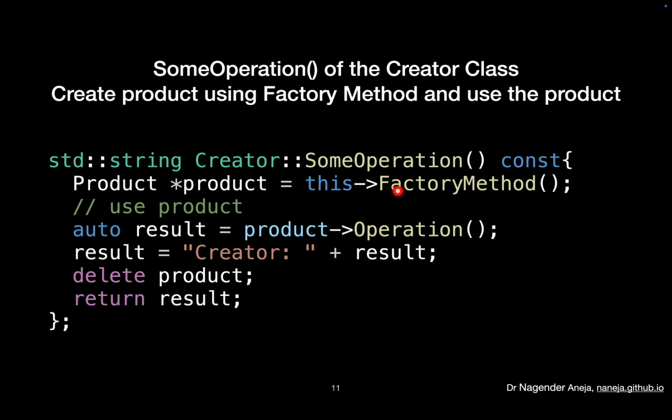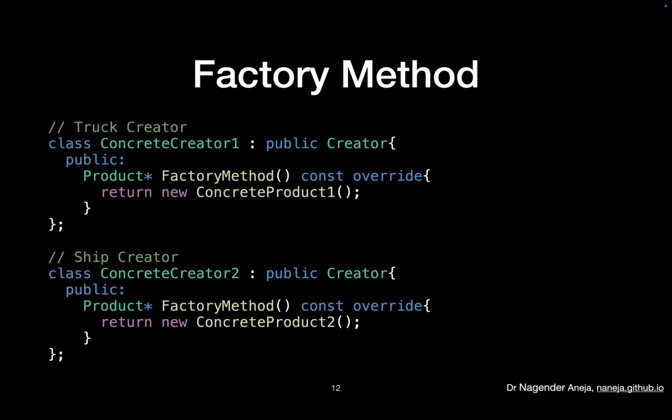So it gets the product using the factory method, and then we do this operation, which is defined on this product in the abstract class. Then we delete this product and return, so there is no object leakage. So we have done the operation by creating the product, done the sub operation, and then returned the result.